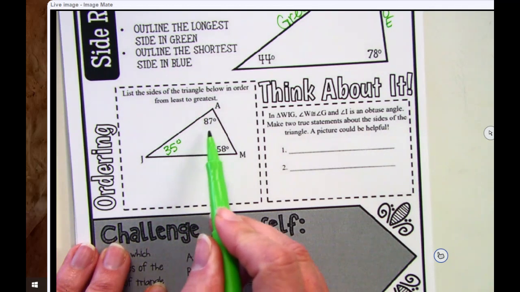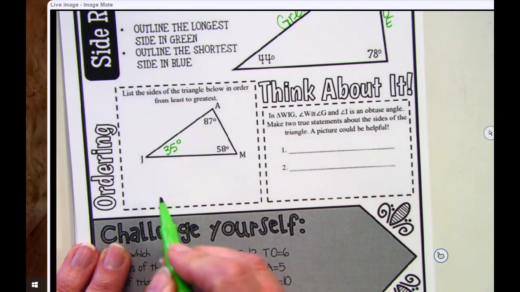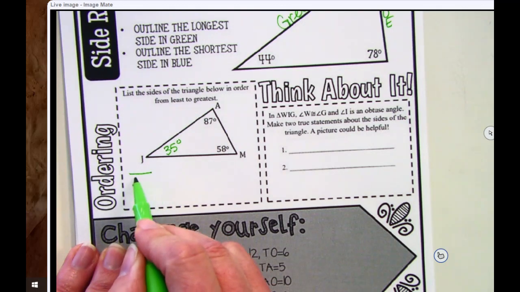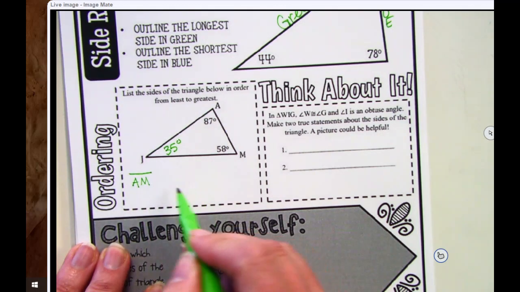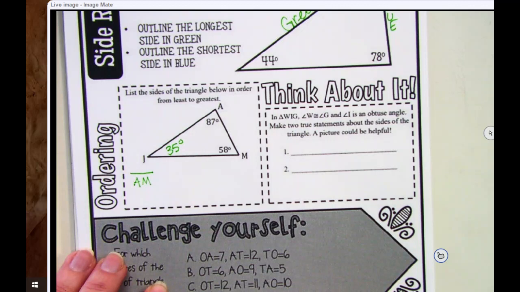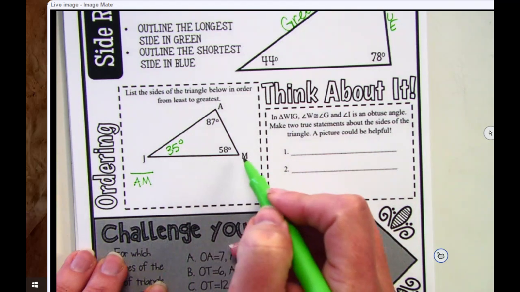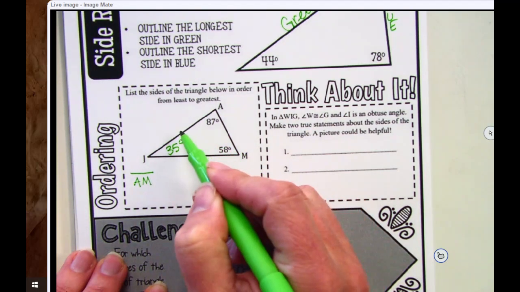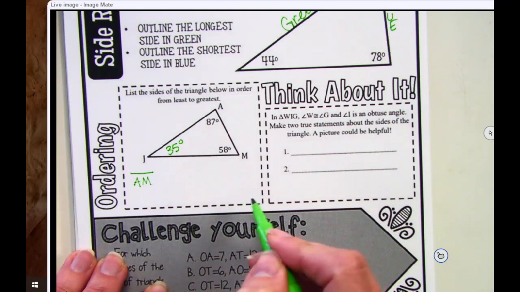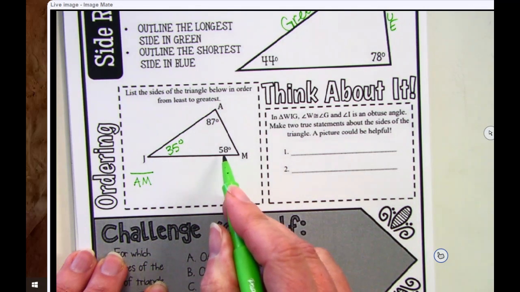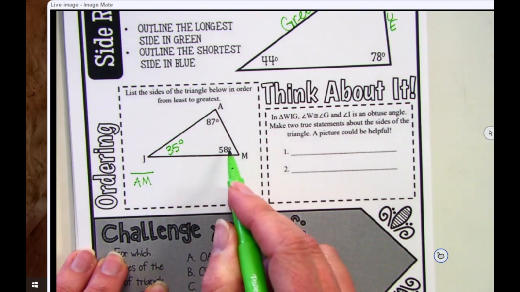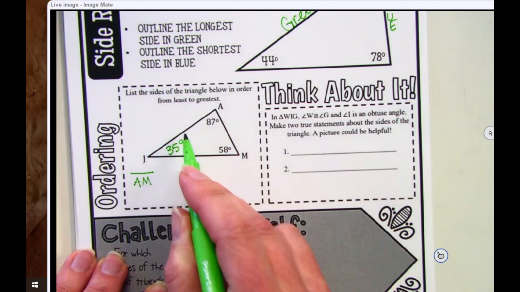So the smallest side would be, remember we say AM. And then the middle angle would be 87, so that is side, wait, no, the middle angle would be 58. What did I say? 87. Craziness. Thank you for correcting me. Middle angle is 58, so that goes with side JA.